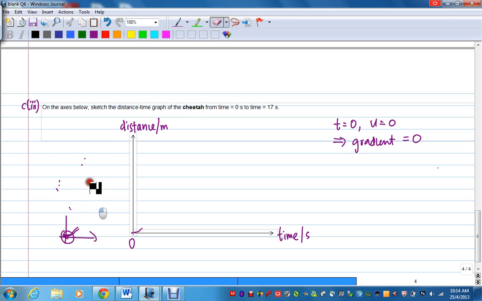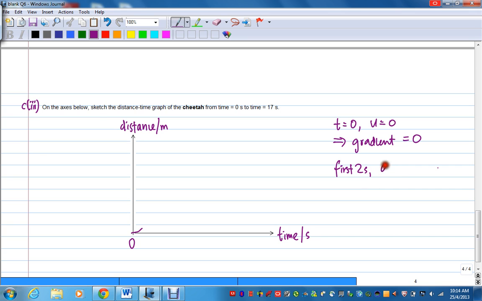Now let's take a look at what happened during the first 2 seconds. According to the question, in the first 2 seconds it undergoes acceleration of 14.5 meters per second squared. If it's accelerating, this implies that the speed is increasing. If the speed is increasing, then the gradient of the distance-time graph, which gives you the speed, must also be increasing.